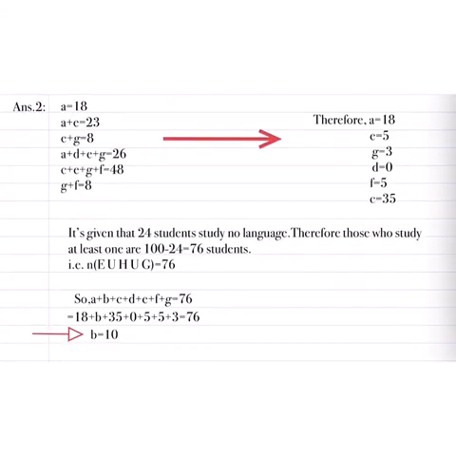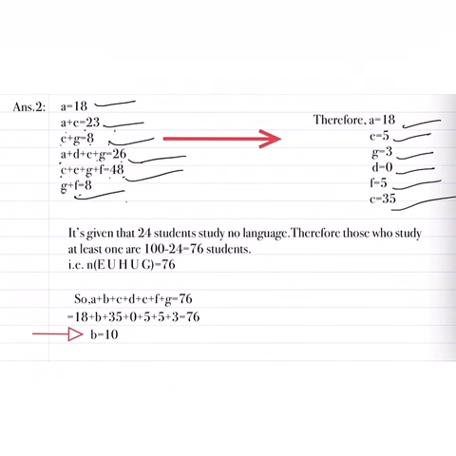So here I've just noted down the values of the letters which I mentioned: A equals 18, A plus E equals 23, E plus G equals 8, A plus D plus E plus G equals 26, C plus E plus G plus F equals 48, and G plus F equals 8. With these we could easily find the values of all the letters which we've mentioned.